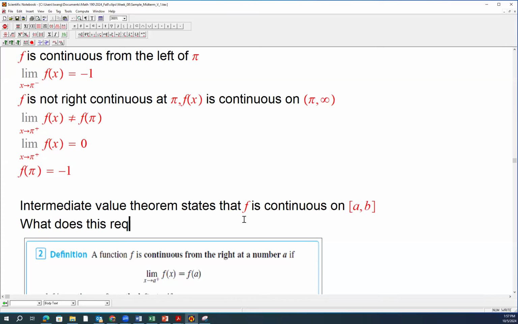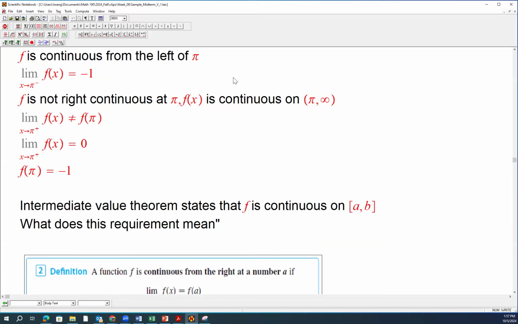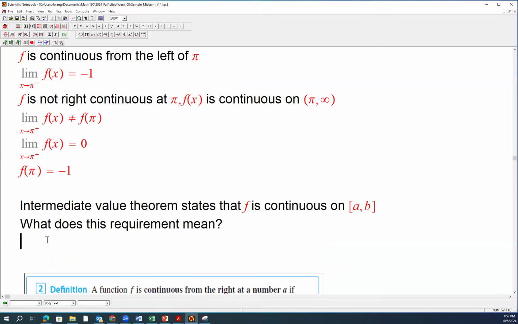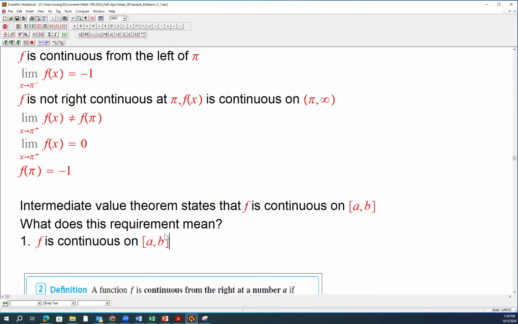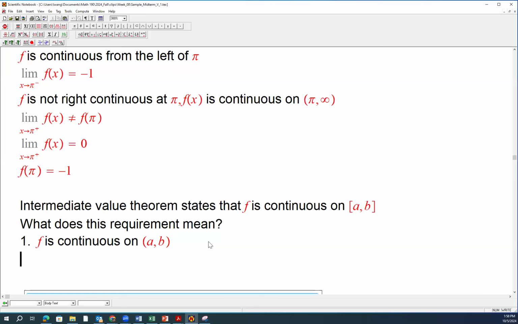What does this requirement mean? It means the following 3 things. Number 1, f is continuous on the open interval, so it's continuous everywhere.